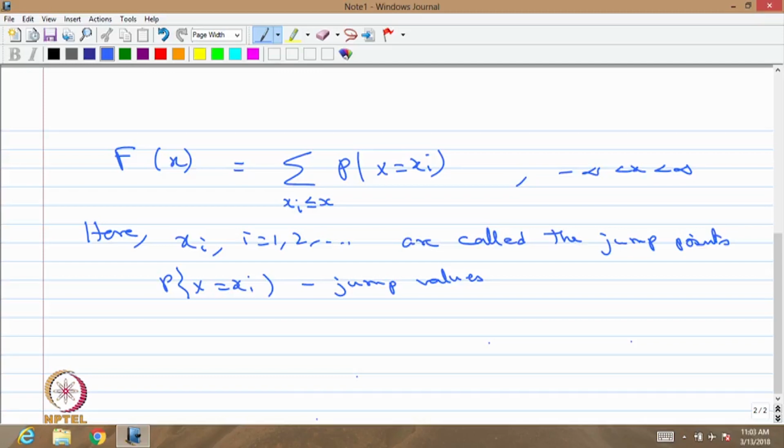So, these jump values are strictly greater than 0. Wherever X equal to xi has P of X equal to xi greater than 0, these values are called the jump values. At those points the CDF has a jump, and those points are called the jump points.